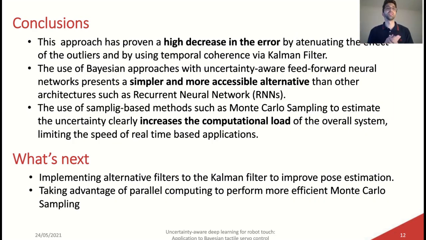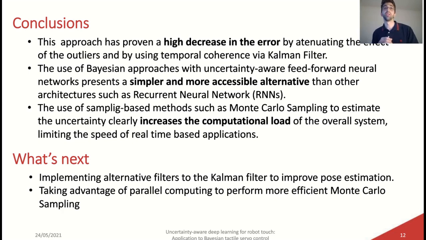Okay, so what are the conclusions of this work? First, this approach has proven a high decrease in the error by attenuating the effects of outliers and by using temporal coherence via the Kalman filter. Then, the use of Bayesian approaches with uncertainty-aware feed-forward neural networks presents a simpler and more accessible alternative to other architectures, such as recurrent neural networks, that might present some drawbacks when training them.